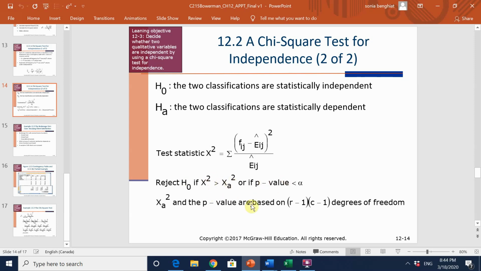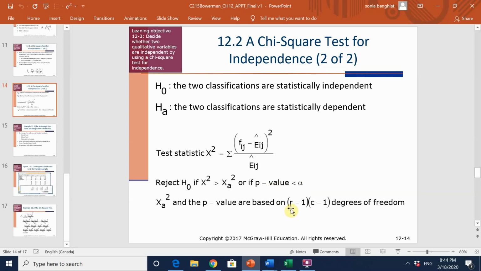Should you use the p-value rule, then the idea over here is that you want a p-value for your chi-square test statistic that is less than the level of significance alpha. This p-value, of course, is determined for the specified degrees of freedom over here.